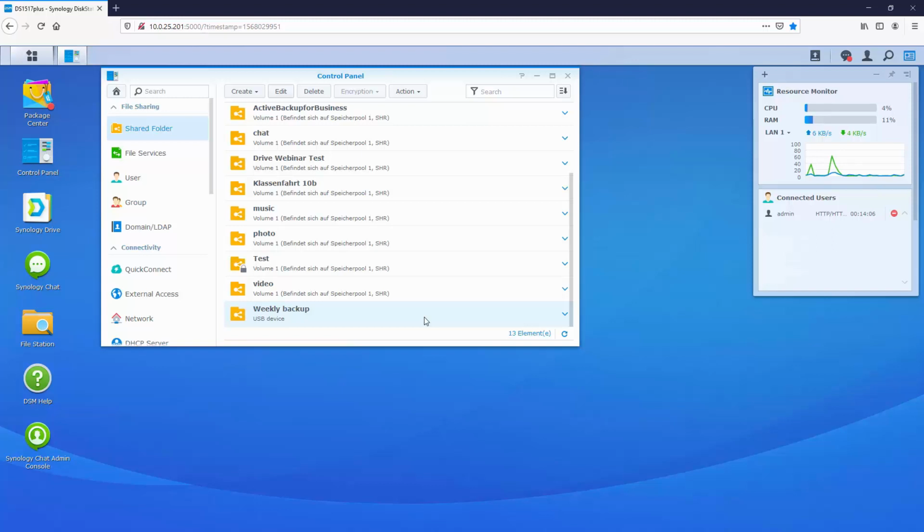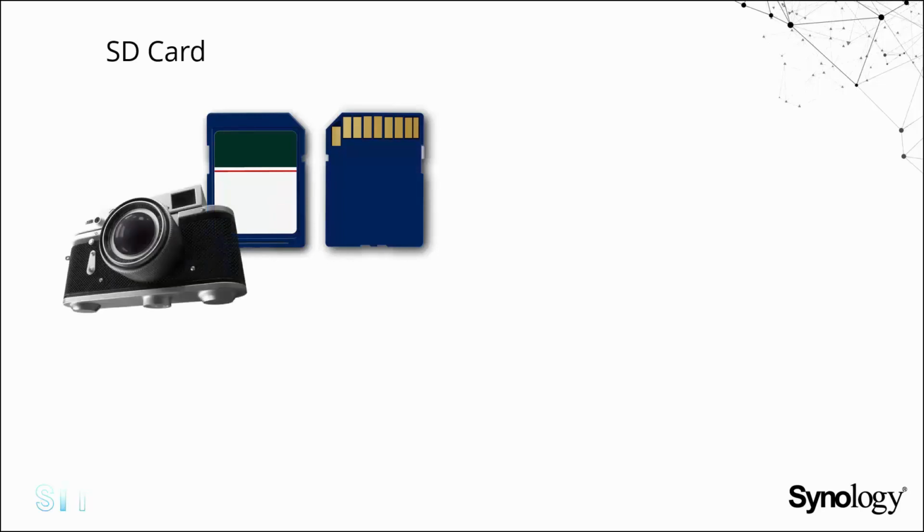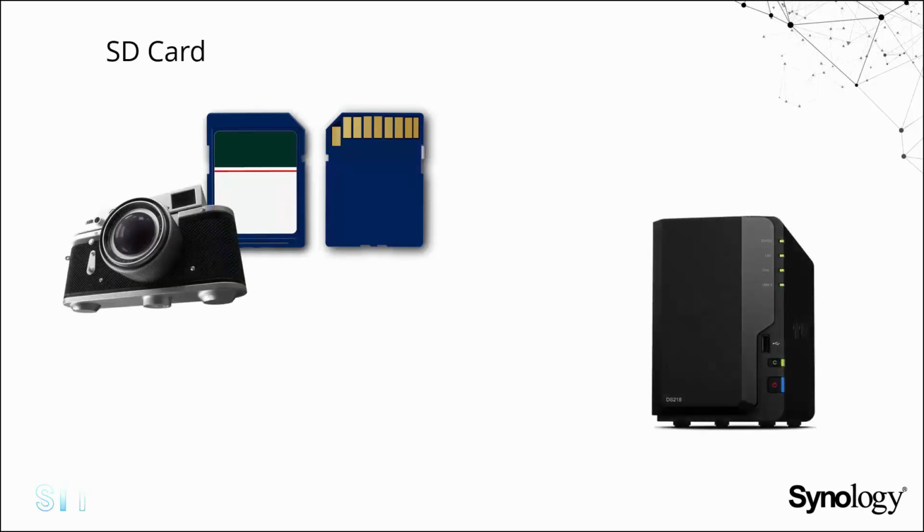In this scenario, we assign a fixed name for the drive, for example RDX QuickStore, instead of the individual removable media. If we have a storage medium without direct USB connection, such as an SD card, for example the memory card of our camera, then we can use a simple SD to USB adapter, connect it to the NAS and copy photos and videos to the NAS without using the PC.